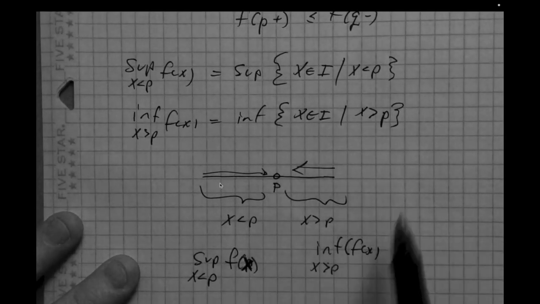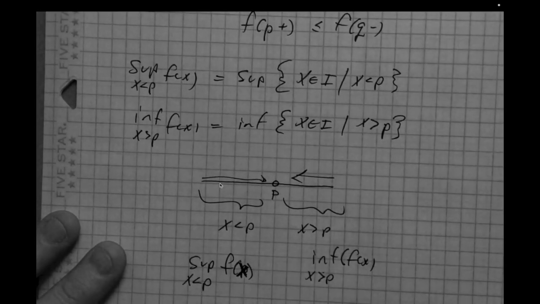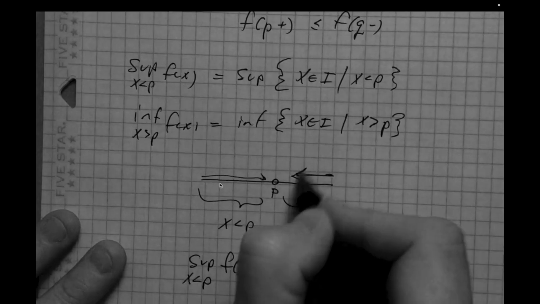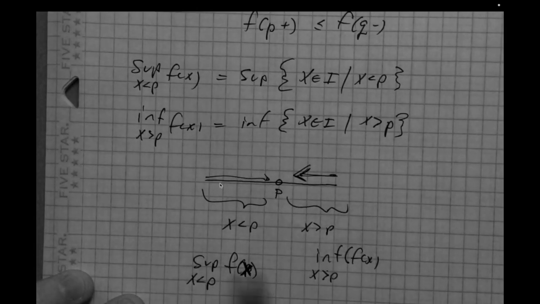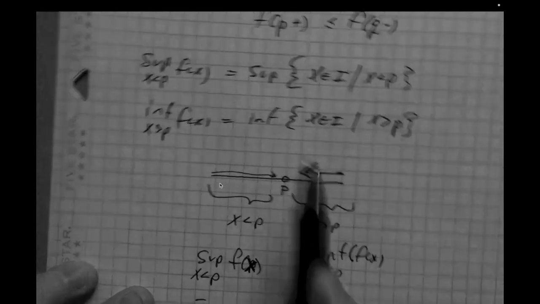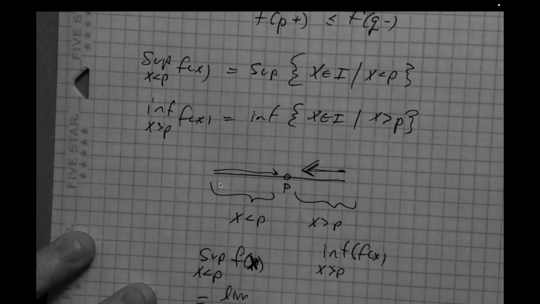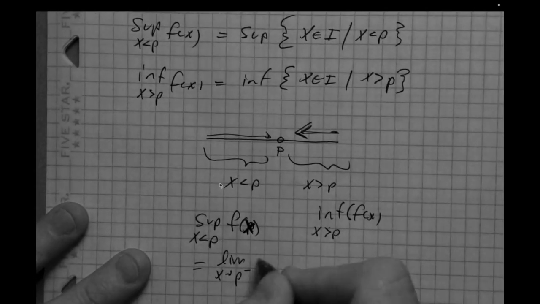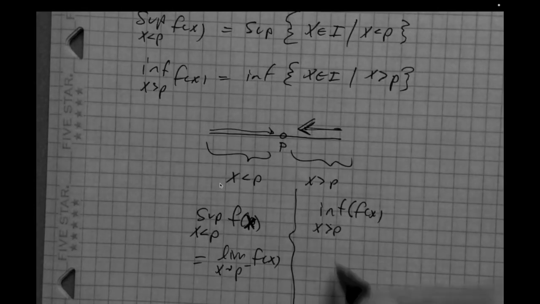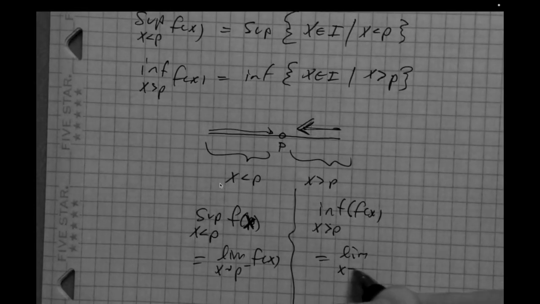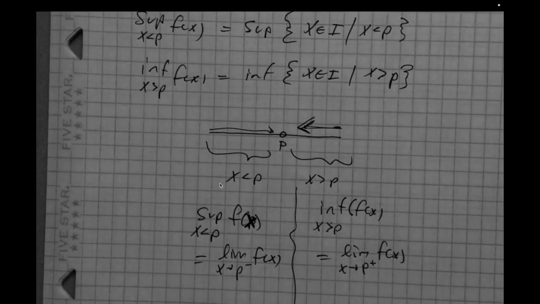Well, that's the same thing. You're just going to evaluate at the infimum, right? So you kind of come this direction, don't you? Right, and so when we say that these two things are equal, we say that this is equal to the limit from the left. And we say that this is equal to the limit as we approach p from the right. It's just another way to say that, isn't it?